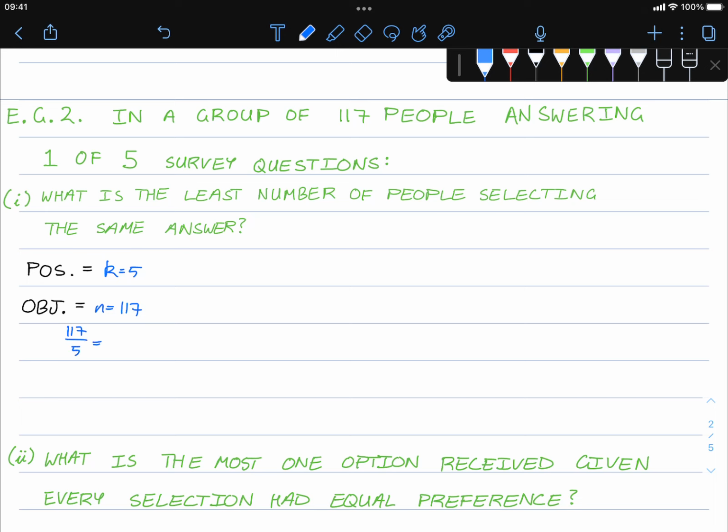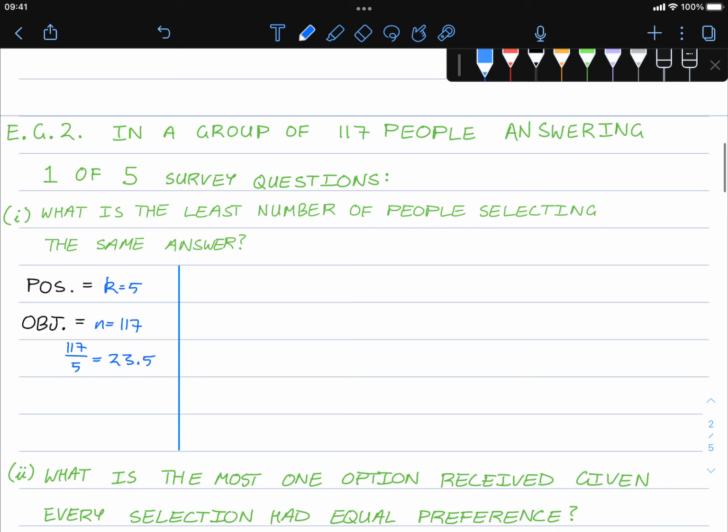If you use your calculator, you get 23.5. Now, very straightforward with this one. This is assuming that the 117 people equally selected, well, as equally as possible, one of 5 different options.